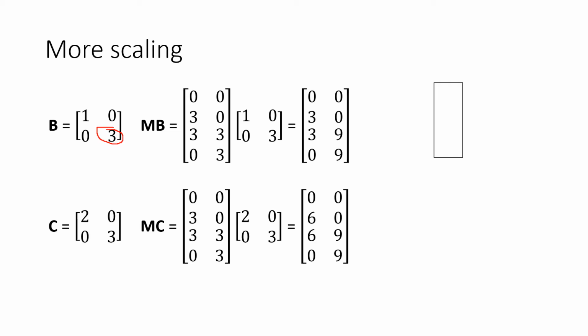If we combine both pieces with C, we have the 2 that we had in matrix A and the 3 that we had in matrix B. In this case, we see that it scales in the x direction and scales in the y direction. So the one matrix takes care of both aspects of the scaling.